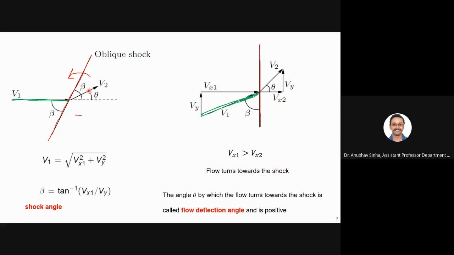You can see here, this diagram is more clear. Let me make it clear to you. Once you see that flow is coming toward the shock, there are two ways it could move. One is it goes straight. This is the original path. So it could either move towards the shock or away from the shock, like this.